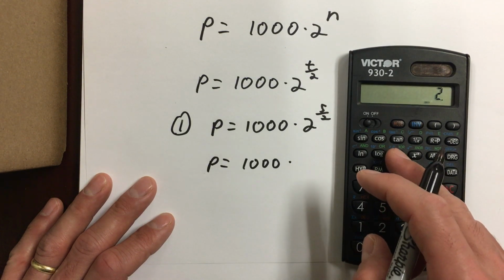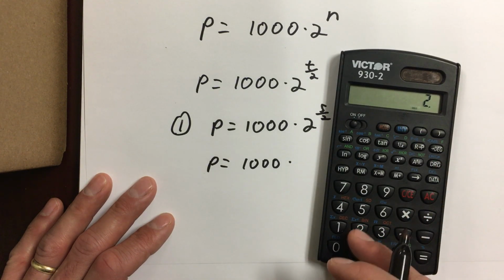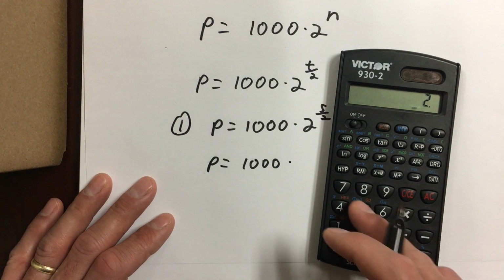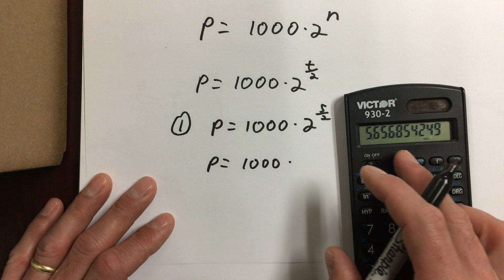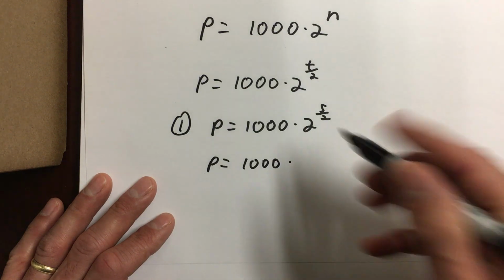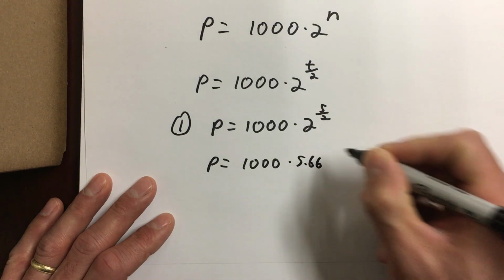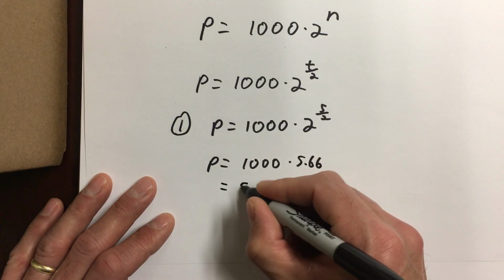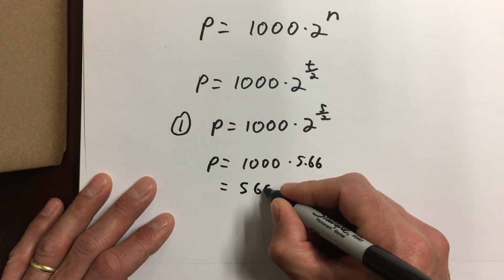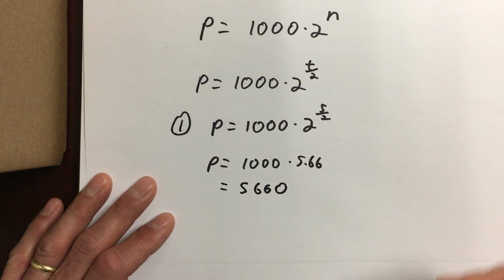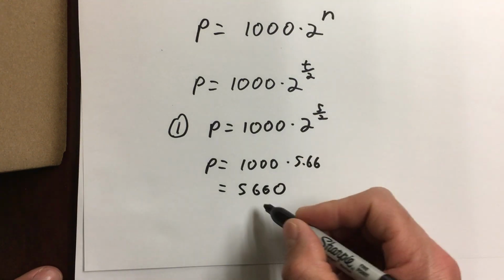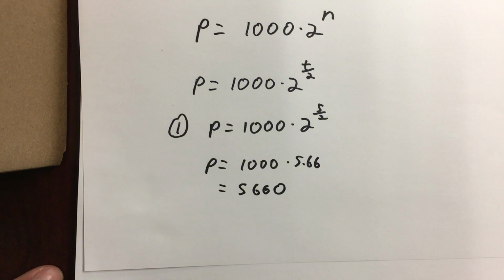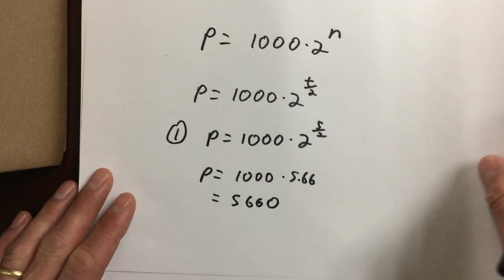So that's 2 to the exponent, and remember 5 over 2 is 2.5. That's 5.66. So our population after 5 hours is going to be 5,660.